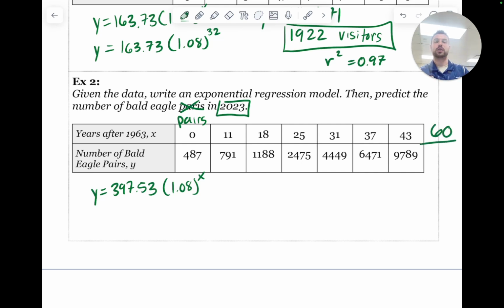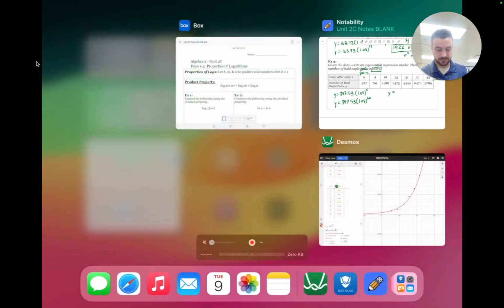So again, it's like we're trying to use the information we have to make a prediction based on how many pairs of bald eagles there are going to be if our table value went all the way up to 60. So all I'm going to do is take that equation and plug in 60 for my x.